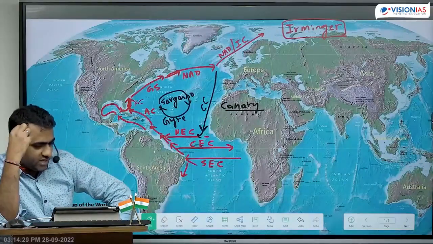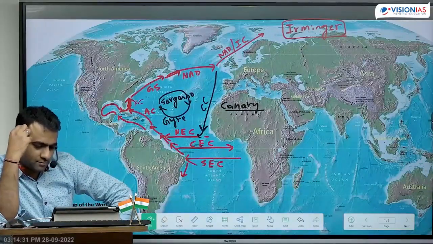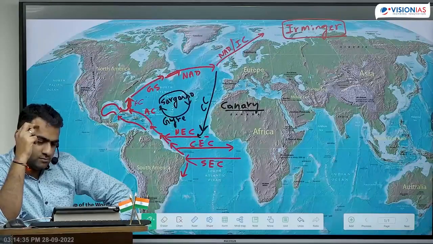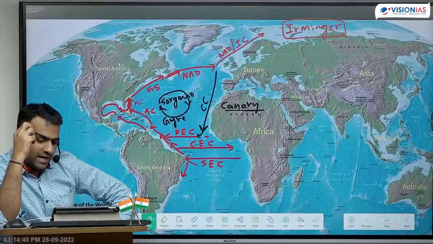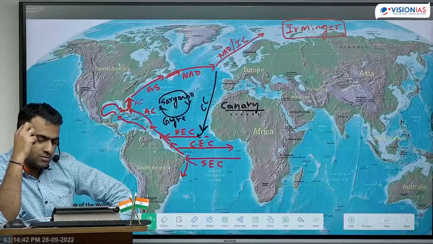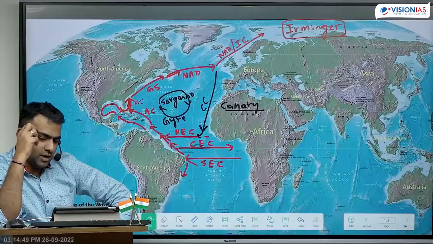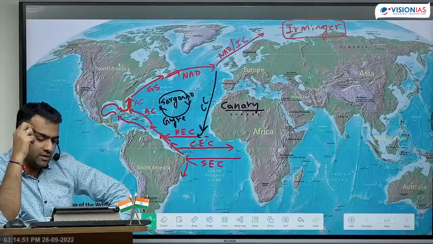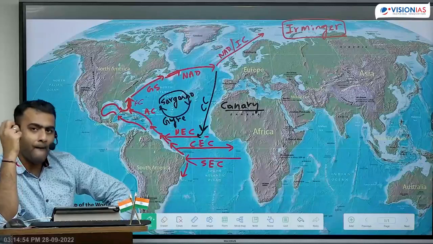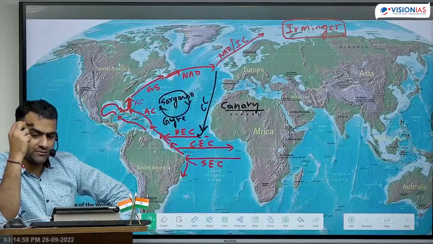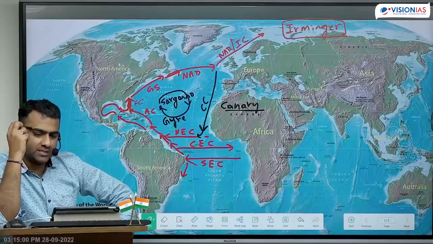Full stop. Within this gyre, a type of seaweed grows in large quantity, called sargasso.